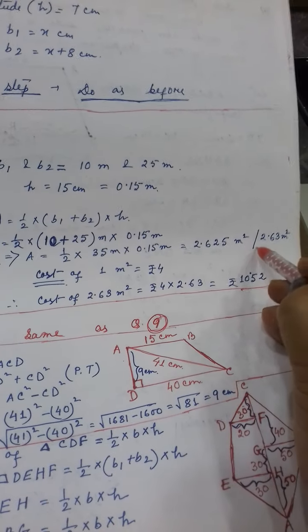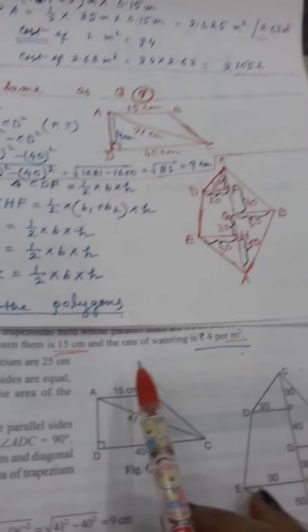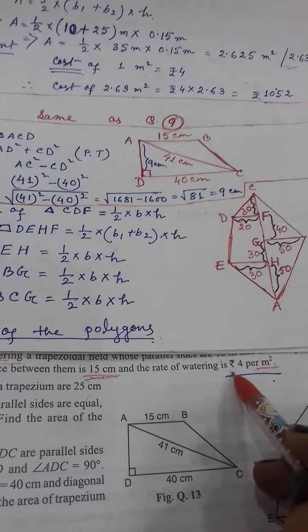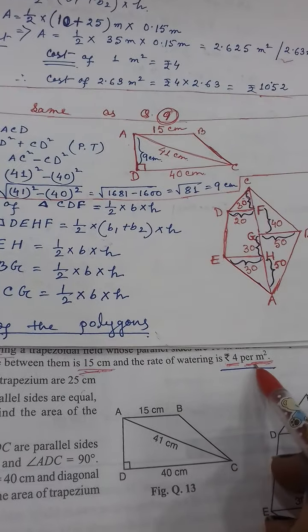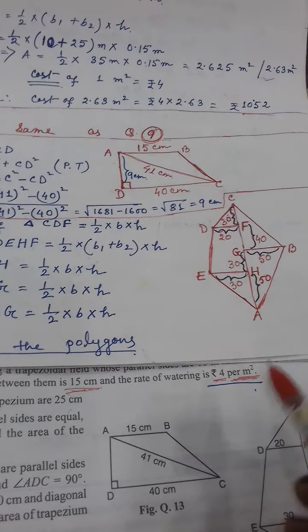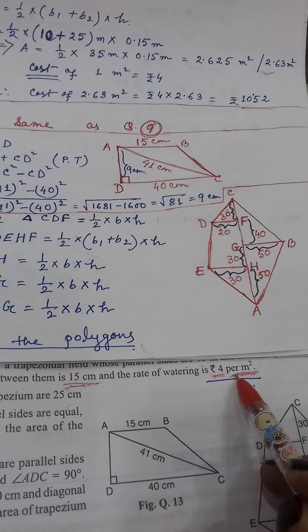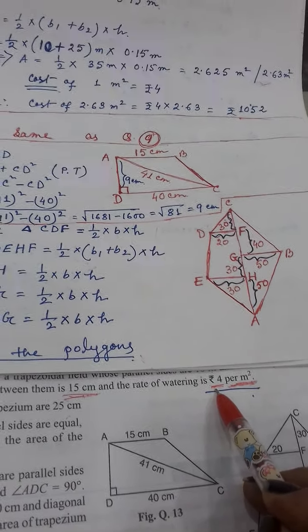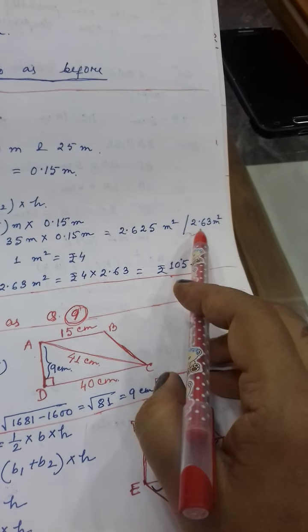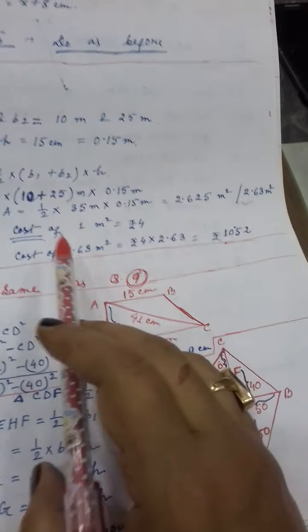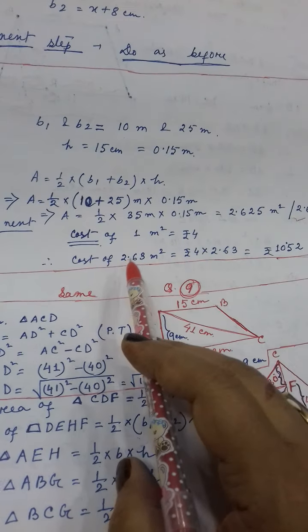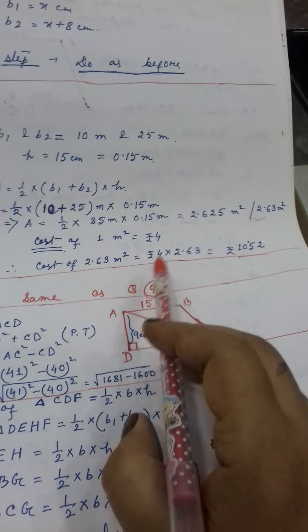Now after finding area, what you have to find out? You have to find out the cost. At the rate of watering rupees 4 per meter square. Per meter square means 1 meter square. Per means 1. That means cost of 1 meter square is rupees 4. Then what is your total area that has come out? 2.63. Then if cost of 1 meter square is rupees 4, then cost of this total area will be what?